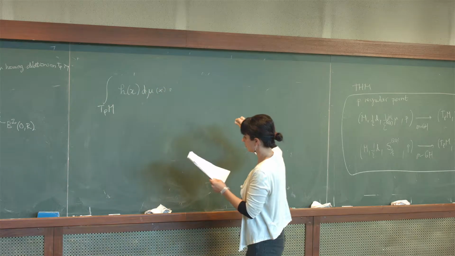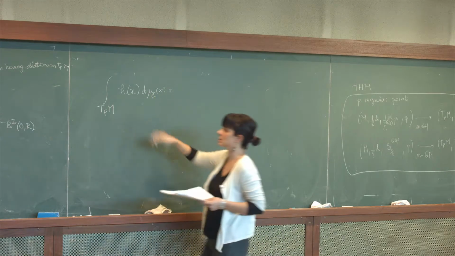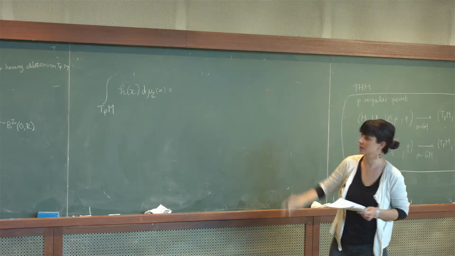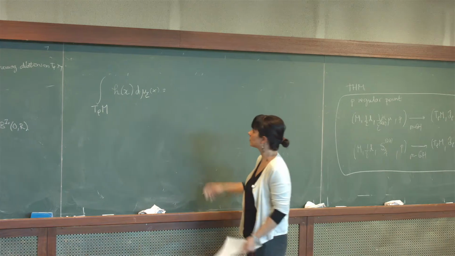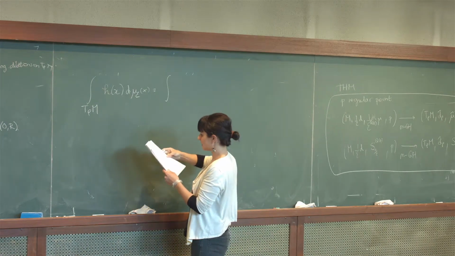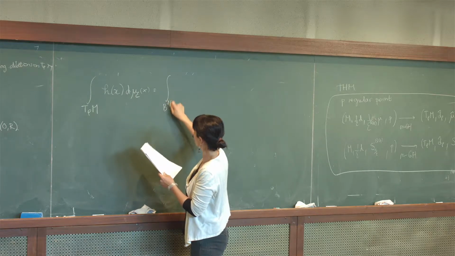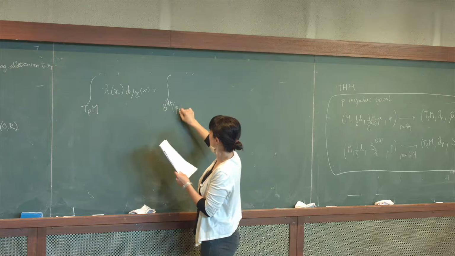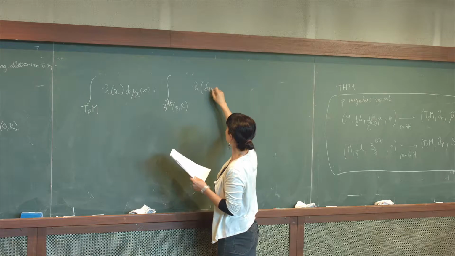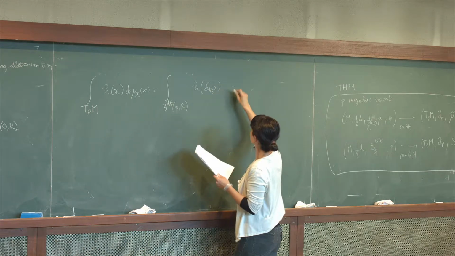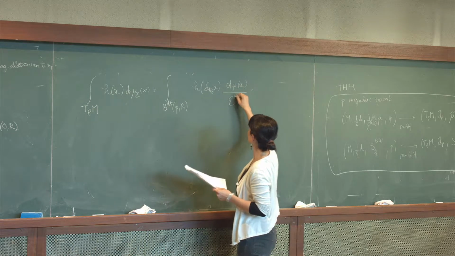Now I use the fact that mu epsilon is the push-forward with respect to this map, so I can use the change of variable formula and say that this equals the integral over the ball for the distance d over epsilon, center p, radius r, of h of delta 1 over epsilon x d mu of x, divided by epsilon to the power q of p.